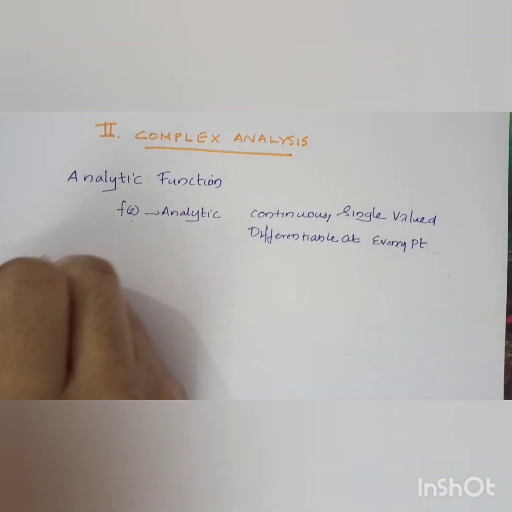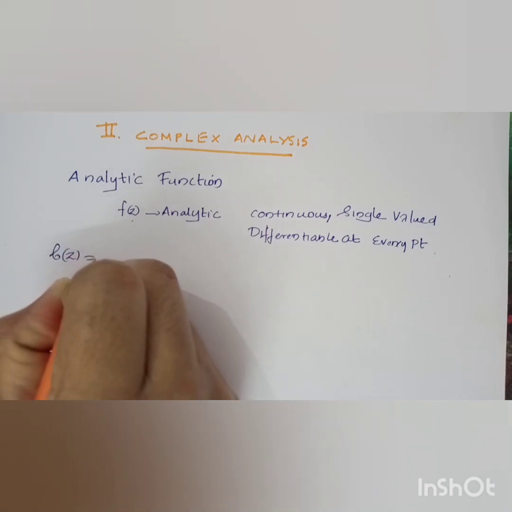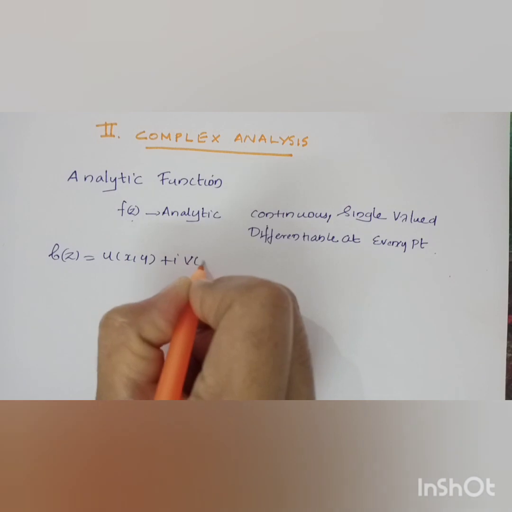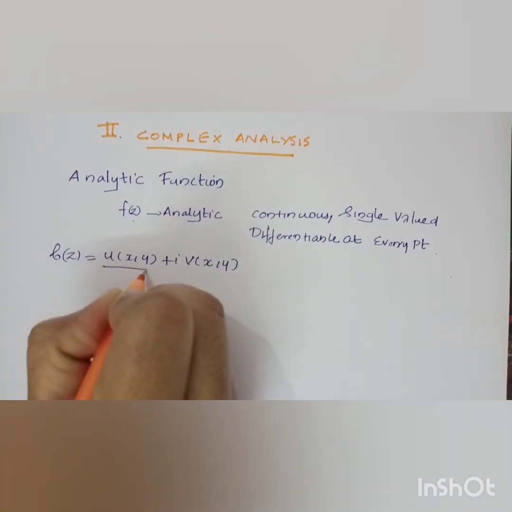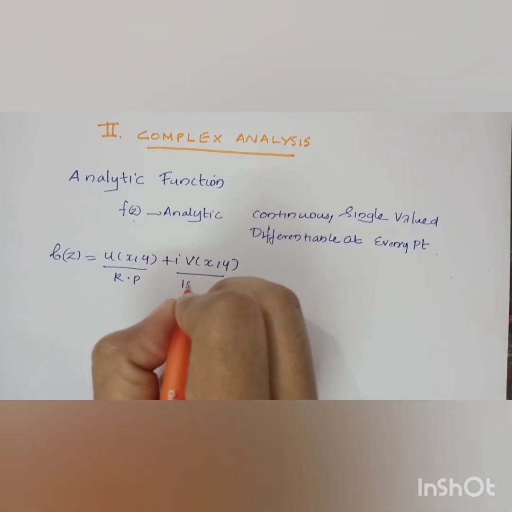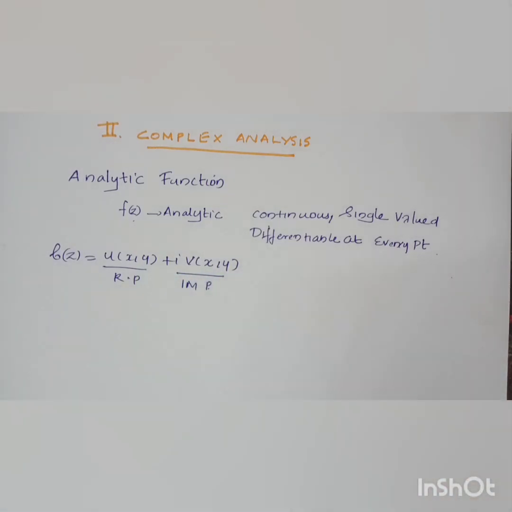So if you are considering a function f of z equal to u of x comma y plus i v of x comma y, where this is the real part and this is the imaginary part. So this is the general representation of f of z.